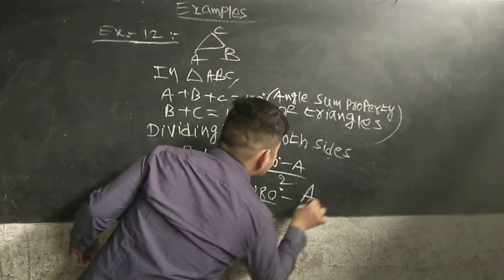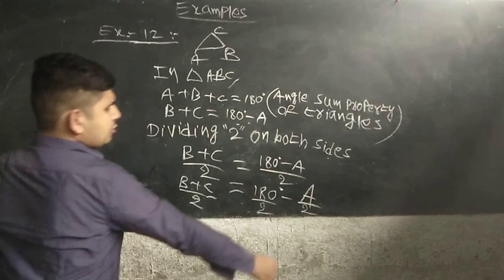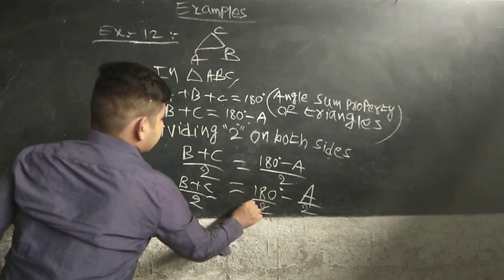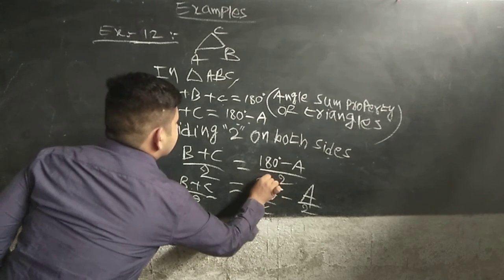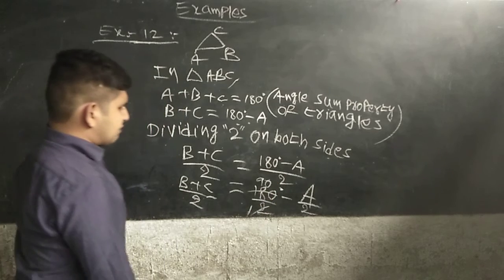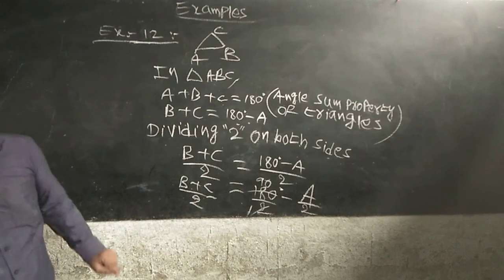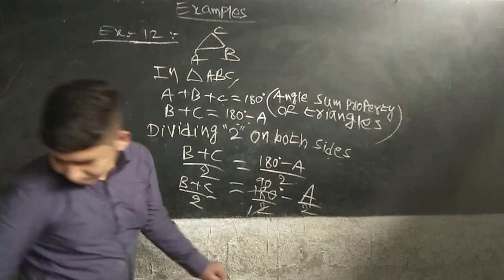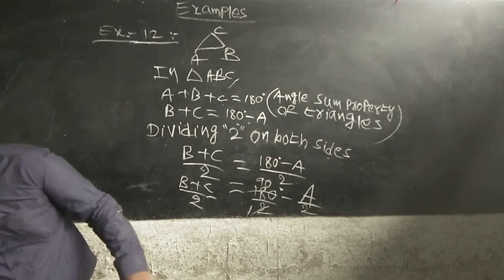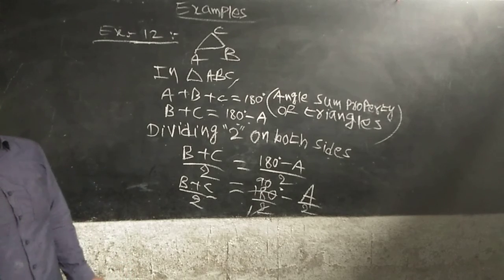Now 180 by 2 is 90, so we get (B plus C) by 2 equals 90 degrees minus A by 2.